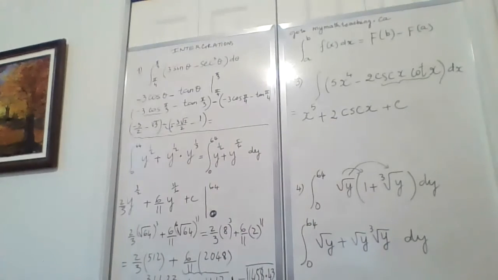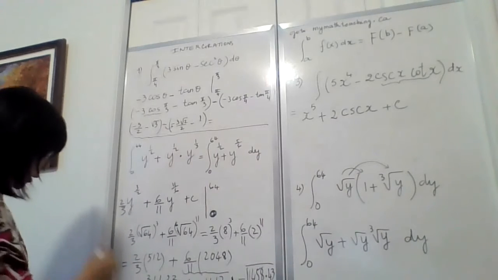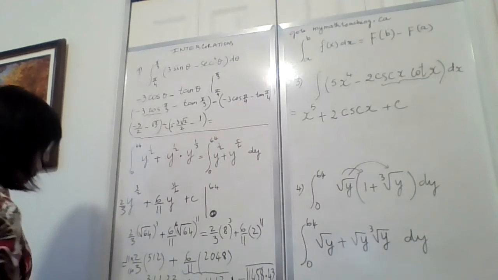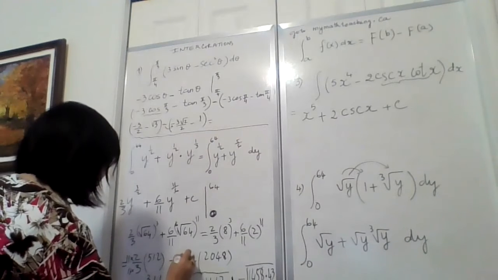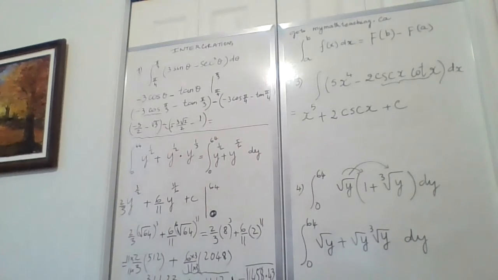Now, you also can keep the exact value by doing the common denominator, right? So if we do that, this you have to times with 11 here, and top you have to times with 11 here. And this you have to times with 3 and top. And you can do that as well.